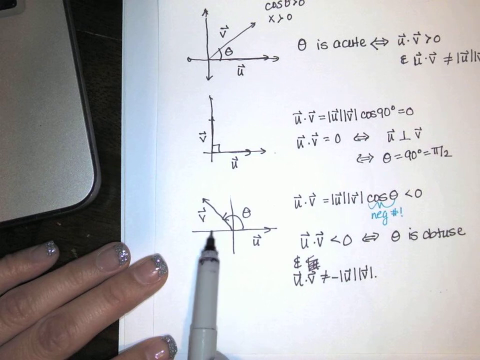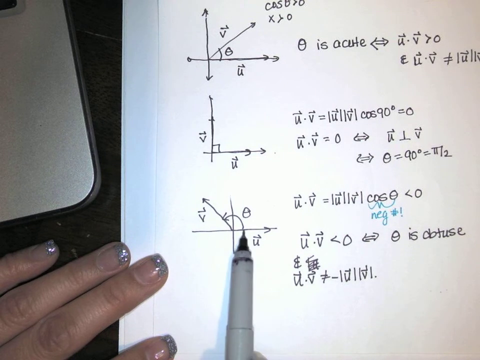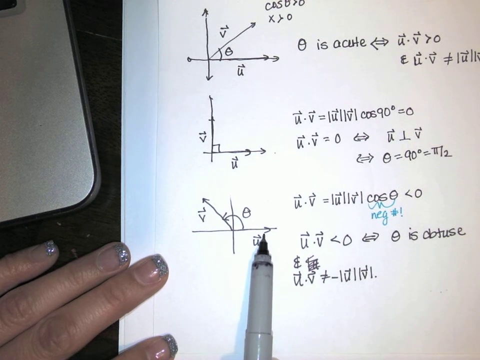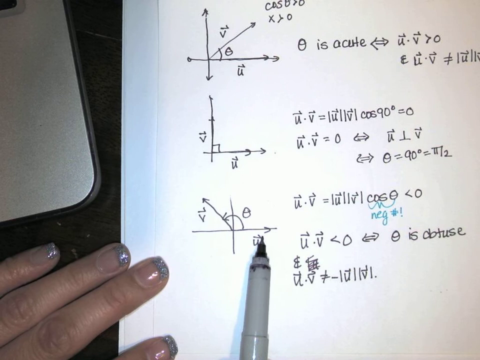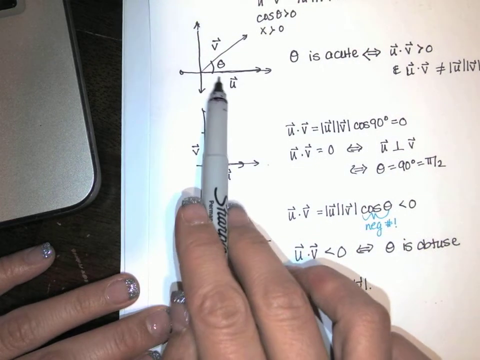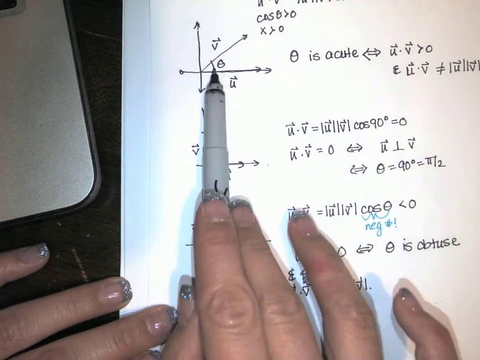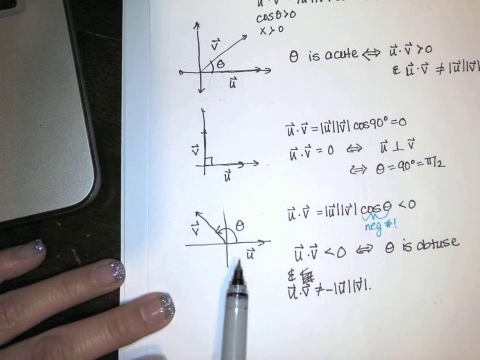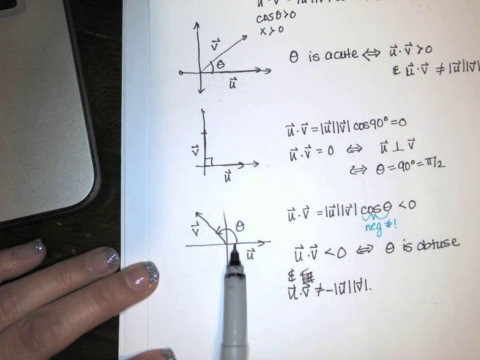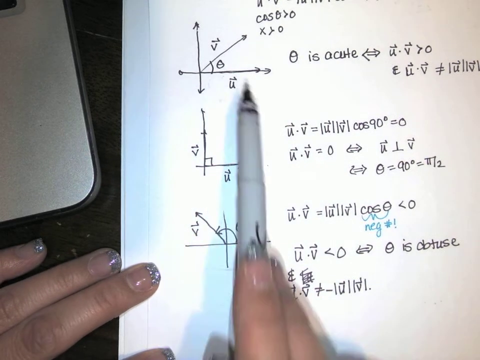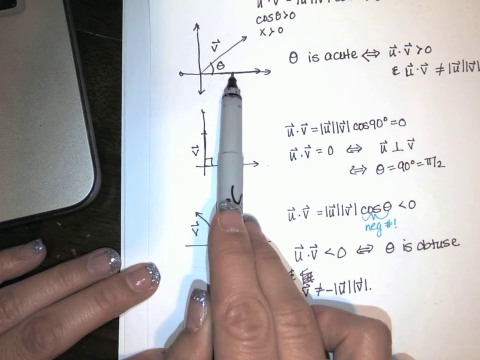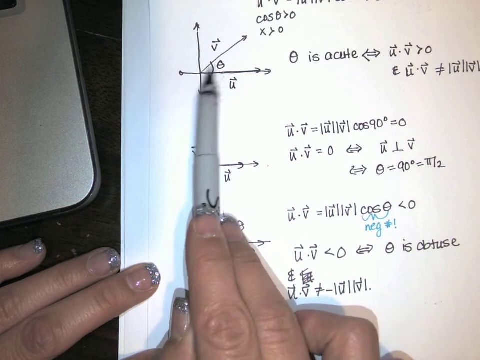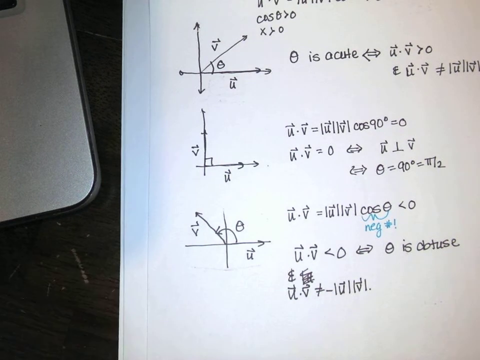But notice that the x component of this one is negative, and this one is all positive in the x component. Like their x components are in opposite directions here. Here their x components are in the same direction. So these are roughly the same direction. These are roughly the opposite direction, but they're not exactly opposite, like this one and this one, or they're not exactly the same direction, like this one and the positive x-axis. Okay.